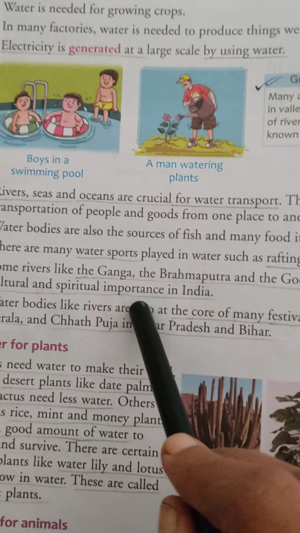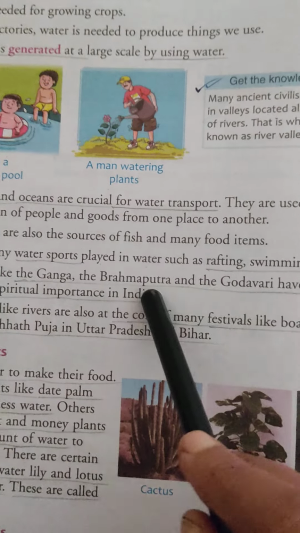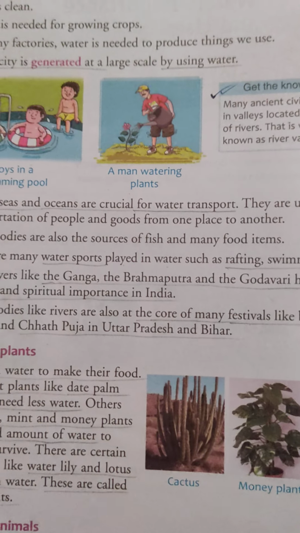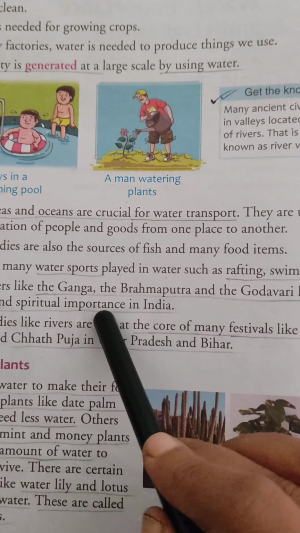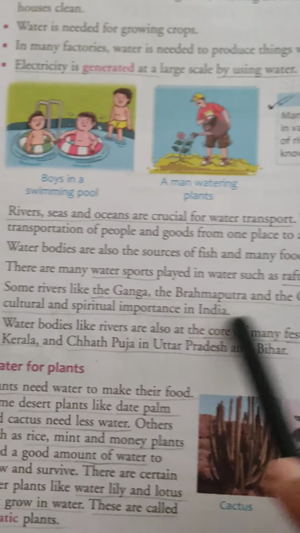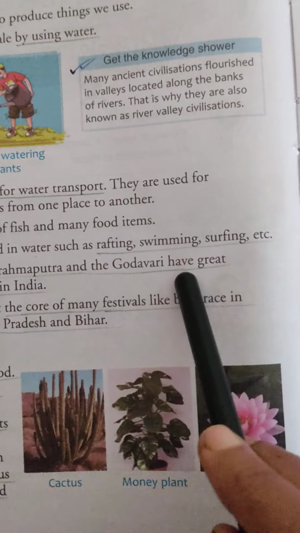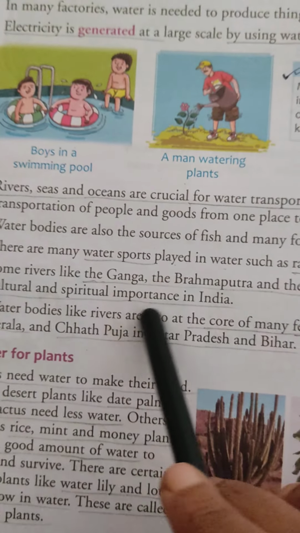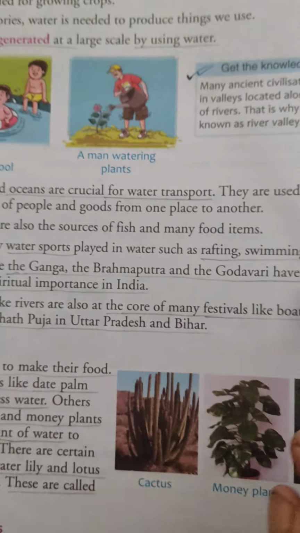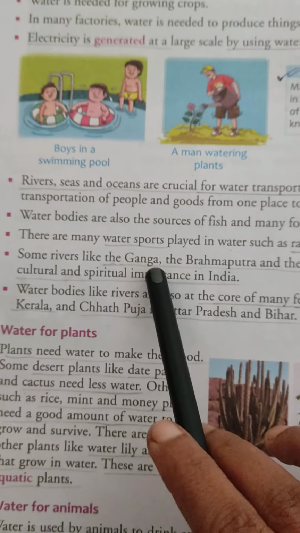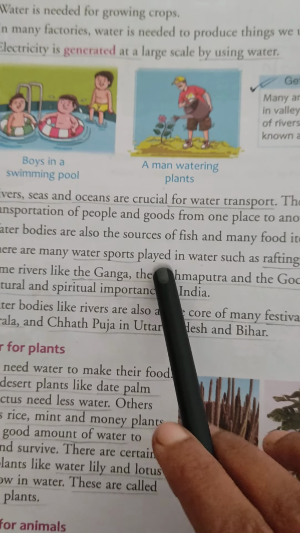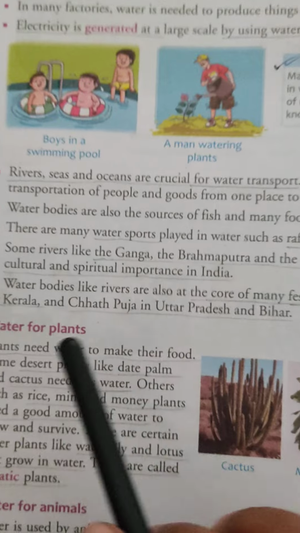Some people do pujas on the river and offer water to God. That's why these are called sacred rivers. They have great cultural and spiritual importance in India. Indian people very much believe that they are like our God or goddess. That's why they offer puja, fruits, water, etc. Means they do puja on the water bodies.